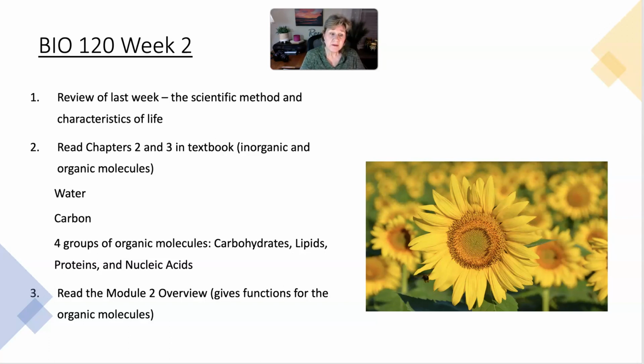And then you're going to take a look at the element carbon and how important it is. The reason that it is so important and that it's the backbone of organic molecules is because it forms 4 bonds. It can form 4 bonds with other atoms or molecules.